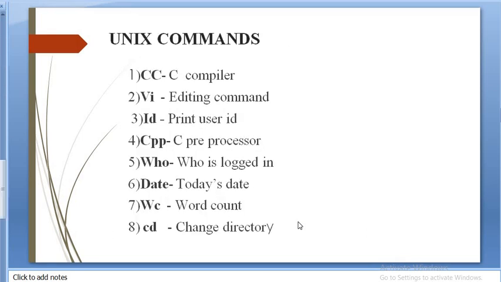These are the Unix commands. cc is a C compiler, vi is the editing command, id prints the user ID, cpp is the C preprocessor, who shows who is logged in, date gives today's date, wc is word count, cd is the change directory.